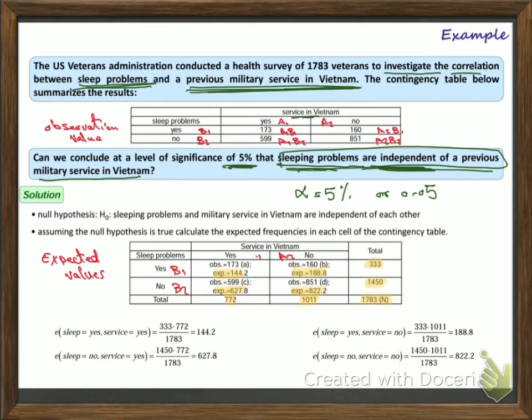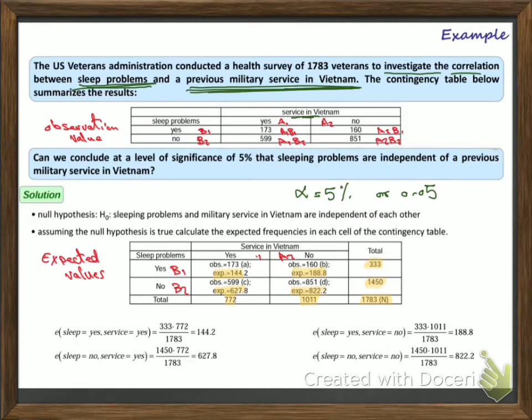So if this hypothesis H null is accepted, that they are independent, there is no relation. And the saying that they are dependent and there is a relation would be wrong, okay? But if we rejected our H null, which says that they are independent, this means that they are dependent, okay?